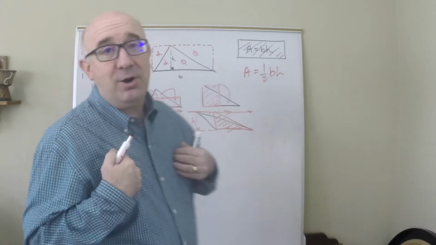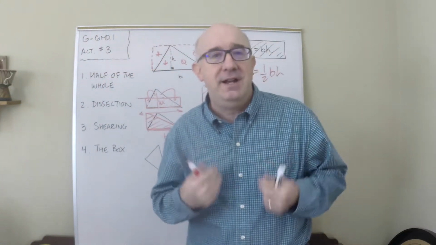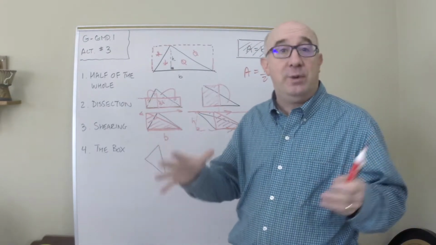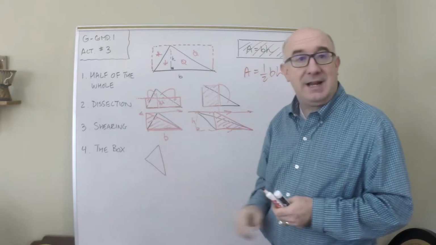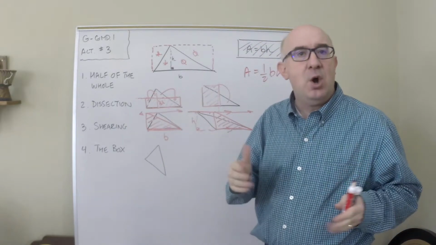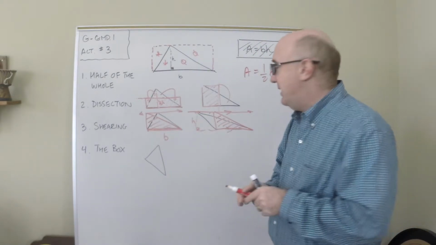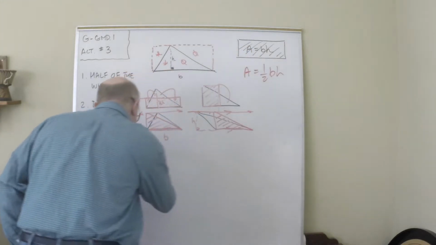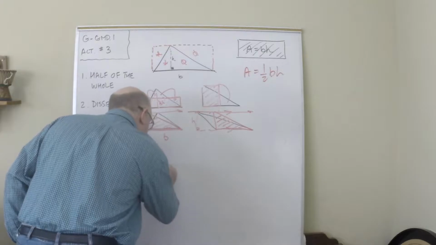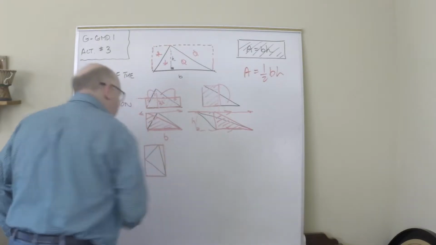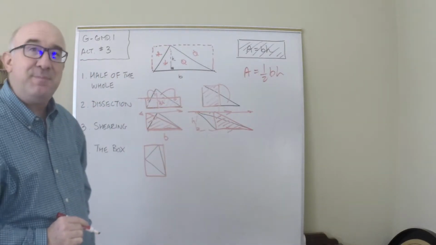Finally, something I call the box technique, finding the area of a triangle on a grid. The best way, especially when it's a weird one like this, different slopes, nobody's horizontal or vertical, is enclose it in a box. So in other words, create some sort of rectangular region around that shape.